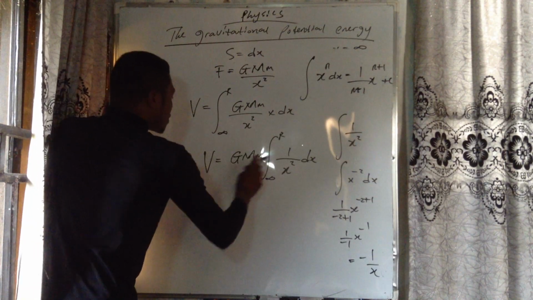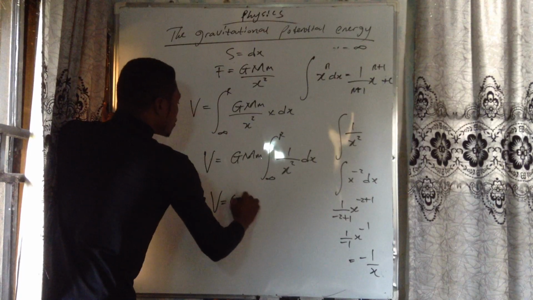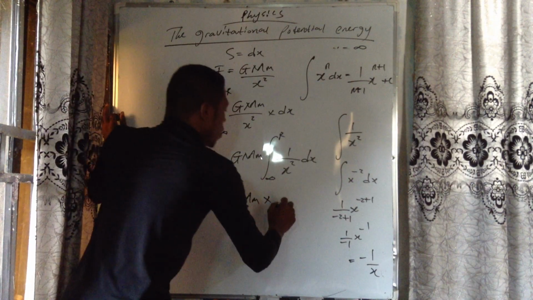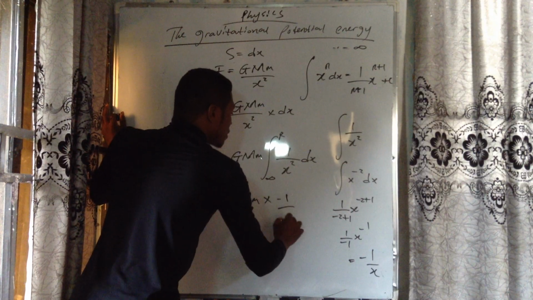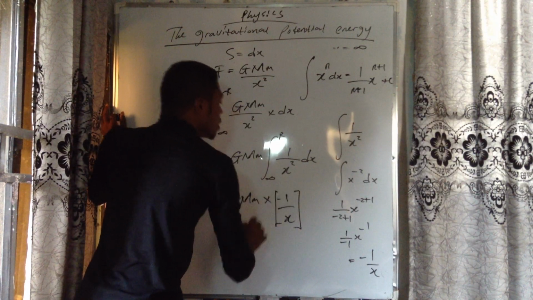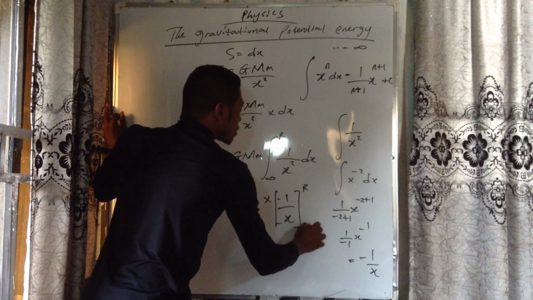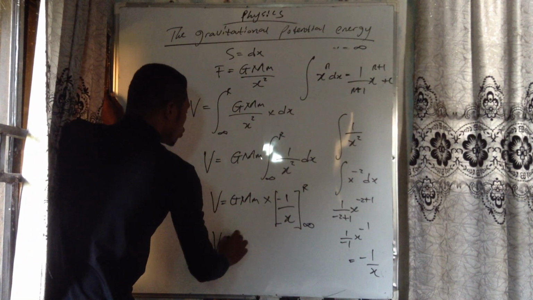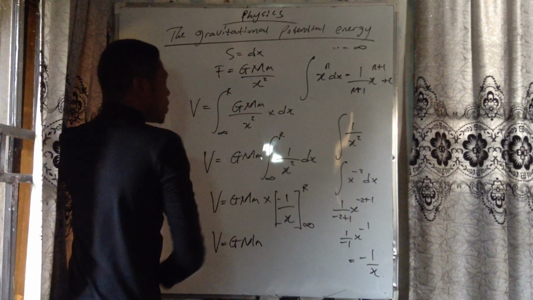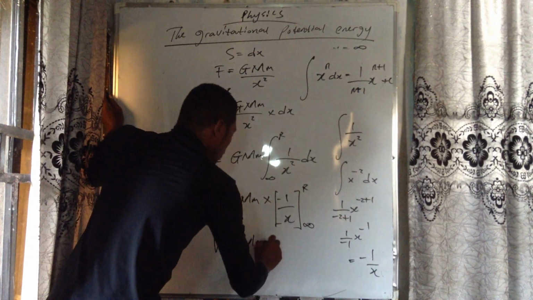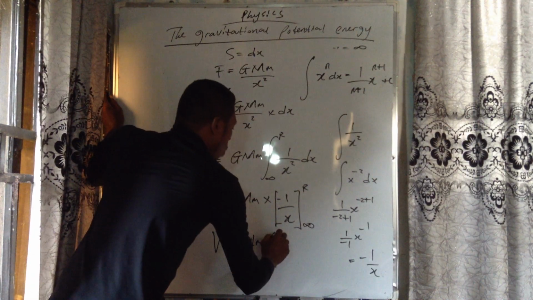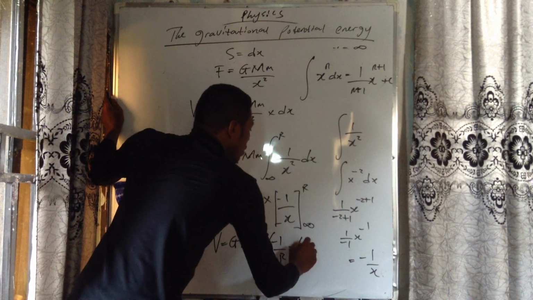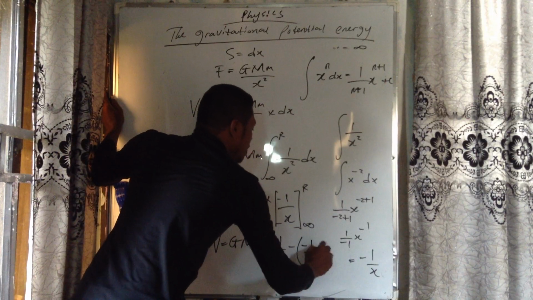So V is equal to GMm times minus 1 over x, with the limits of integration r and infinity. That is V equals GMm times bracket minus 1 over r, minus bracket minus 1 over infinity.